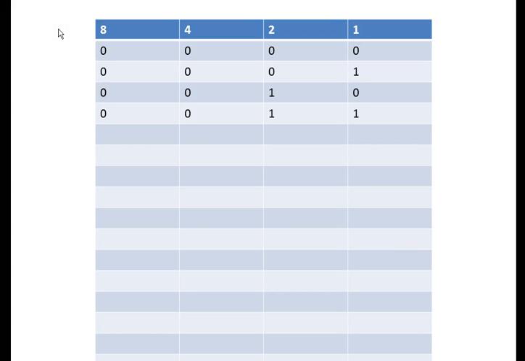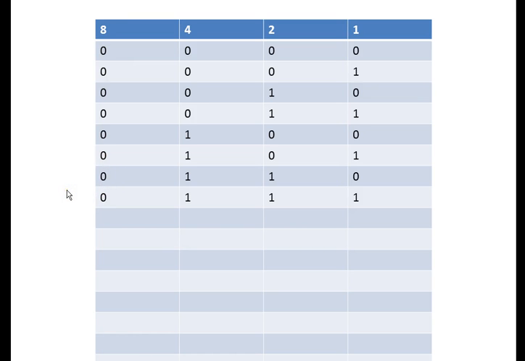And proceeding in this way, we go up through this table to get the first 8 numbers, counting from 0 up to 7. So this is 0, 1, 2, 3, 4, 5, 6 and 7.